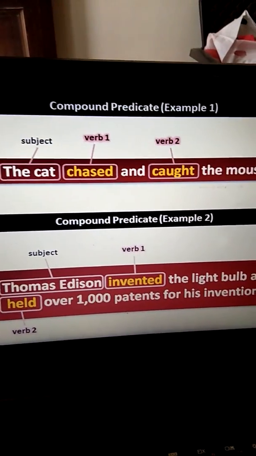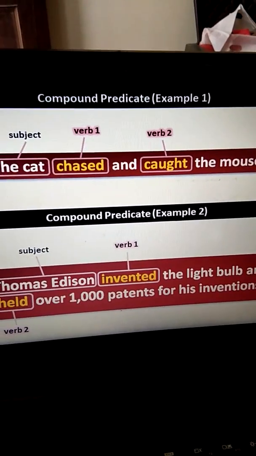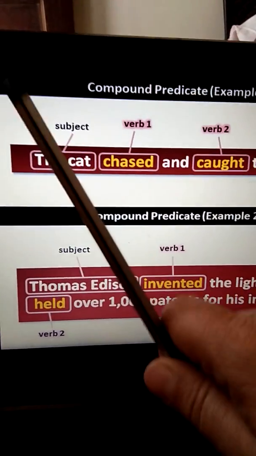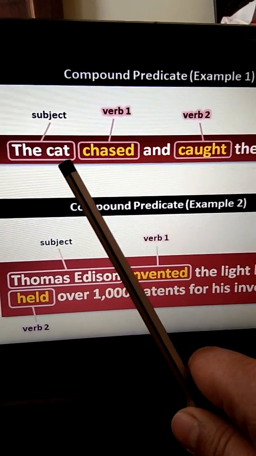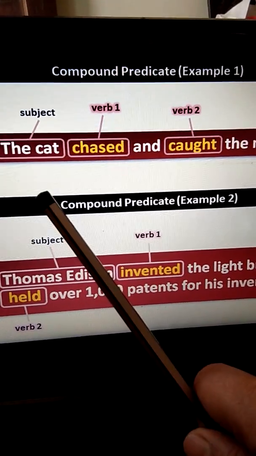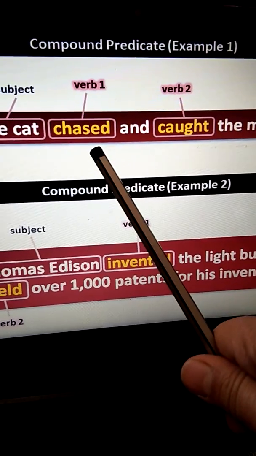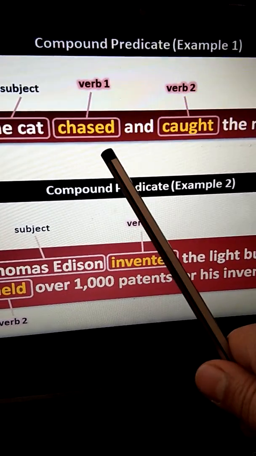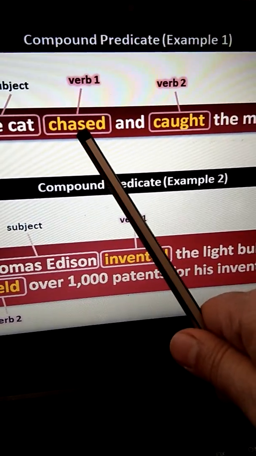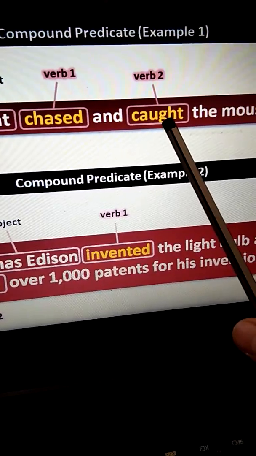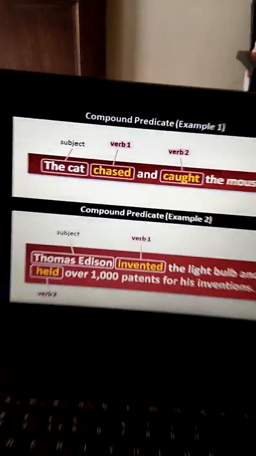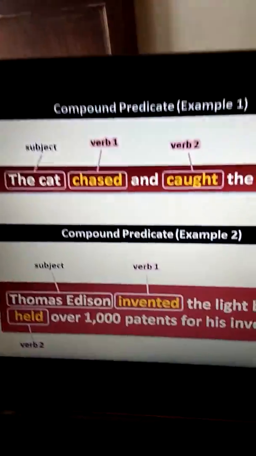Now we come to compound predicate. The cat. Here, the cat is the subject. Who is doing the work? The cat is doing the work. Chased. What type of work is it doing? Chasing. And caught. So first it chased and then it caught.